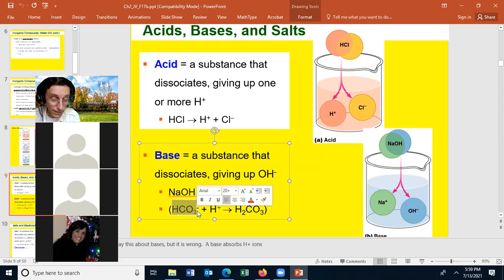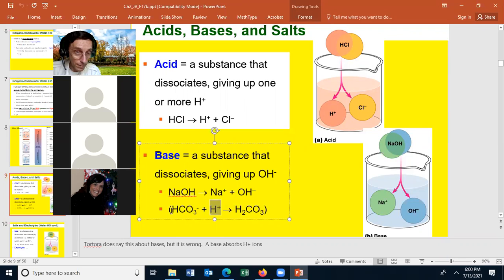And this isn't in your textbook, but bicarbonate is clearly a base because it absorbs hydrogen ions. So you should know that a base is something that dissociates hydroxide ion, or a base is something that absorbs hydrogen ions, like bicarbonate. Any question about any of that?